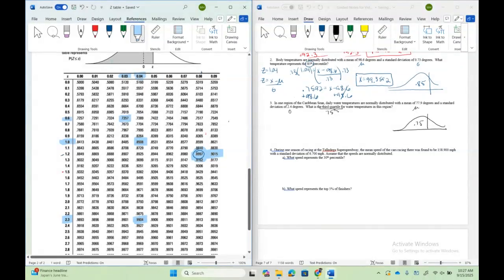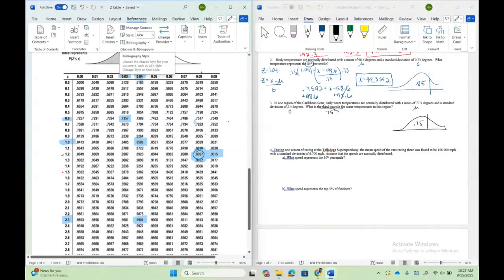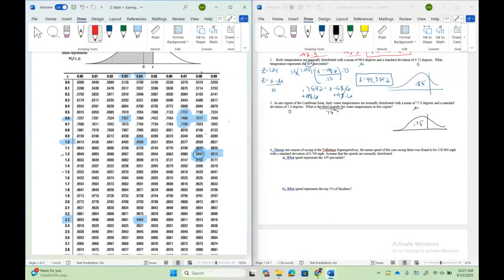Close to 0.75 here, 0.7486 is going to be closer than 0.7517, so that z will be 0.67.